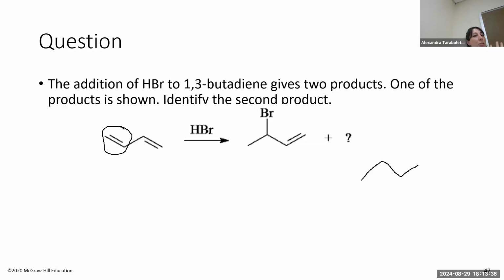If you're unclear, rather than memorizing what it looks like, you can always just think about what happens during this process and draw the two cations. That's what I like to do. So remember that the first version has a positive charge here. Think about what the other version would look like.